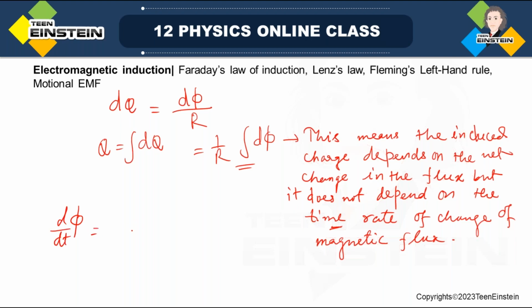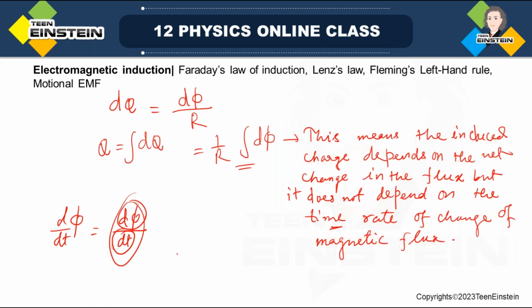So by change in the time, we say rate of change. So d phi by dt is called rate of change of flux, and the induced charge depends on the net change.